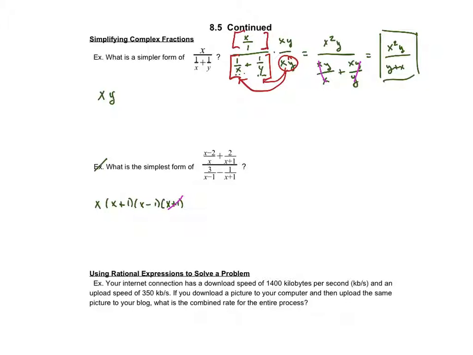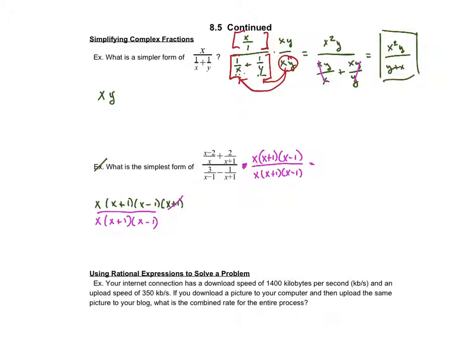So then I have a common denominator, and what I want to do is multiply that problem by x times x plus 1 times x minus 1 over the same. So let's go ahead and multiply, and that's going to be x, and the same in the numerator.